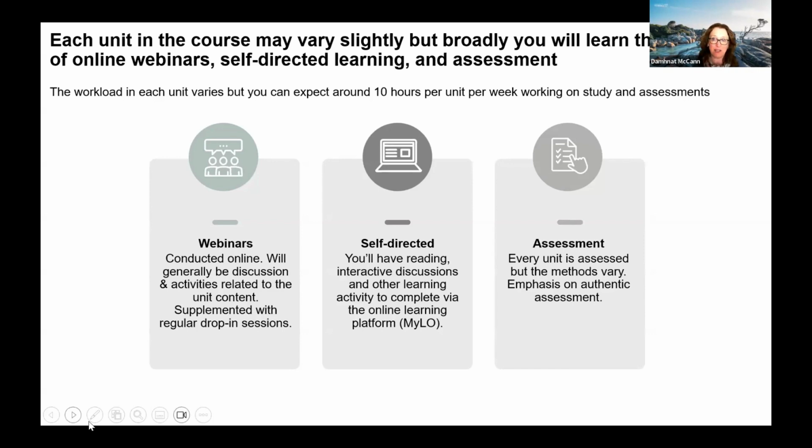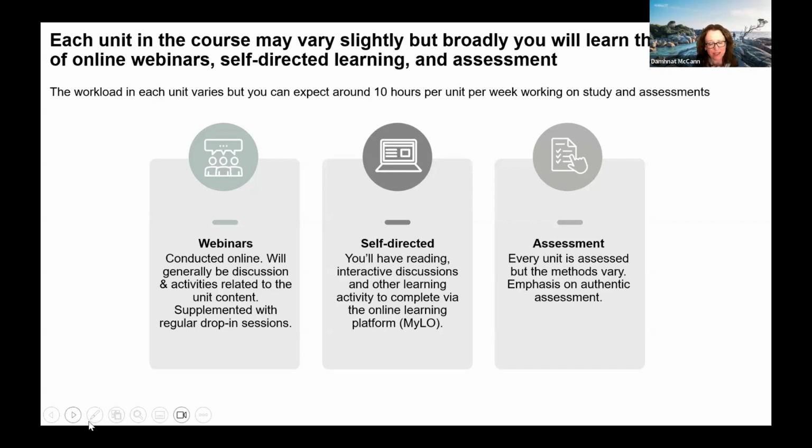Drop-in sessions are much more informal. That's where you can meet and ask questions. We see it a bit like if you were on campus and you were dropping by a lecturer's office to say, oh, look, I had some questions about this assessment task. That's what we're trying to mimic with those drop-in sessions.